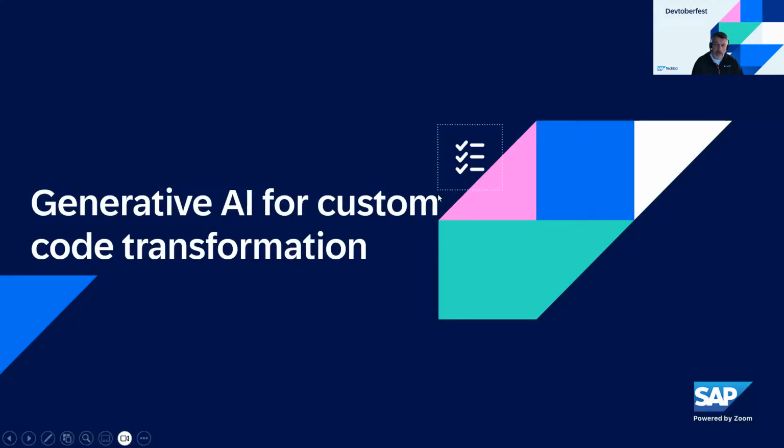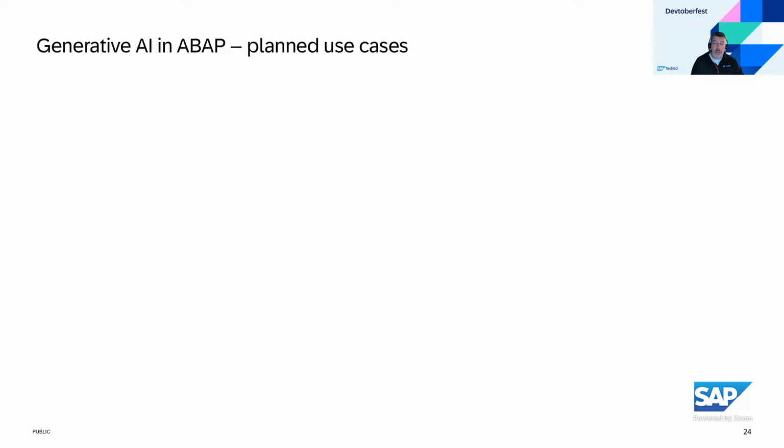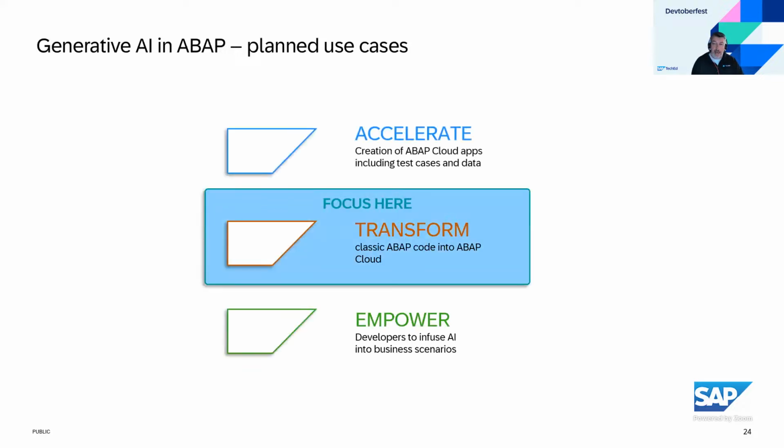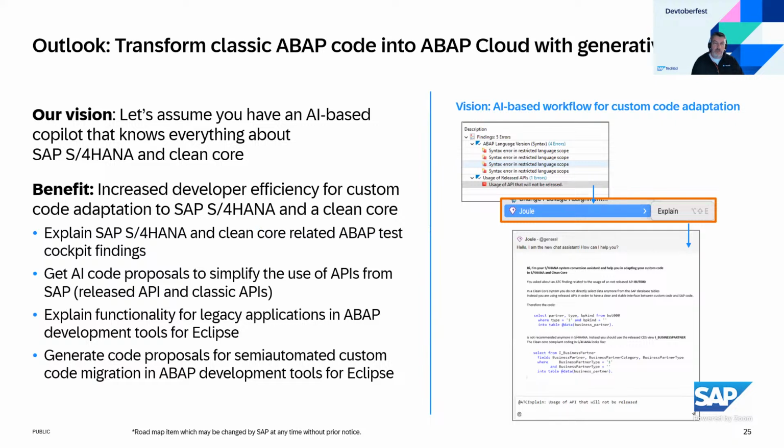I already mentioned at the beginning that we do not offer that many quick fixes, but now we also try to use AI for this transformation use case. So not only do you have AI for the development use case, but also for the transformation. That means our vision here is to integrate into our Joule ABAP capabilities also some kind of a co-pilot which you can use in order to migrate your coding concerning S/4HANA or Clean Core.